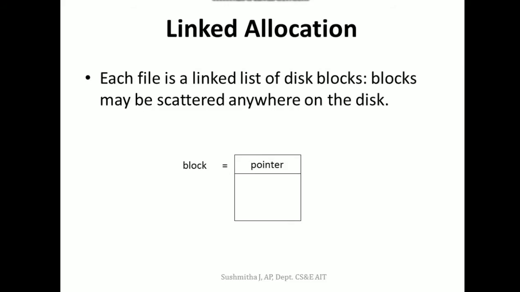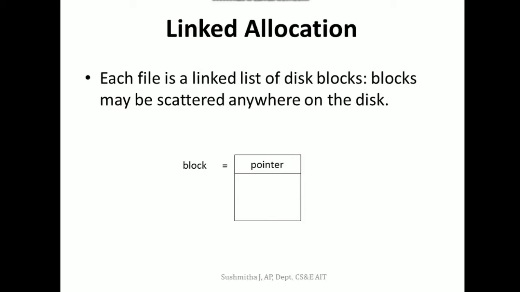So the next one we have is the linked allocation. Linked allocation solves the problem of contiguous allocation, that is, majorly having a set of blocks together. Here each file is a linked list of disk blocks.